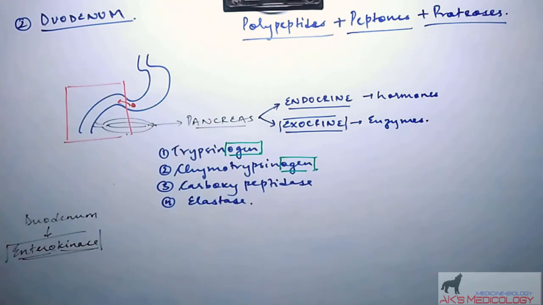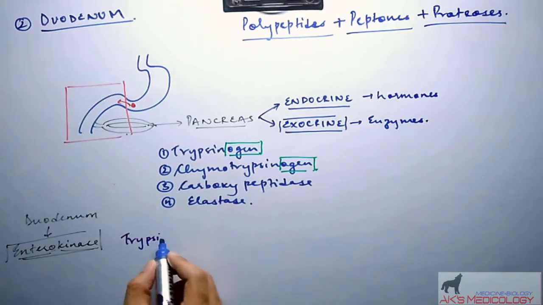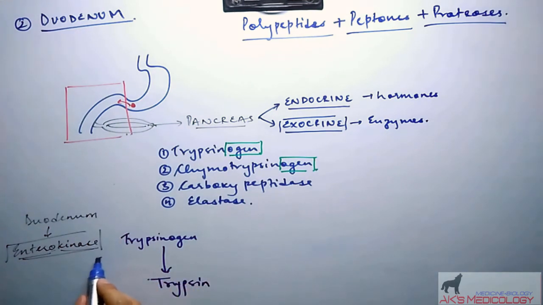Trypsinogen is activated into trypsin, its activated form, with the help of the enterokinase enzyme.